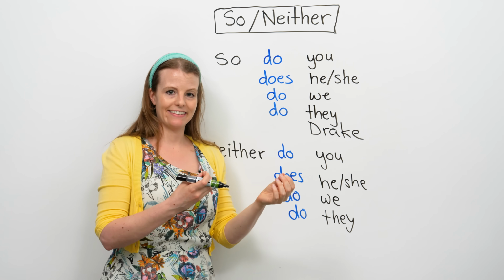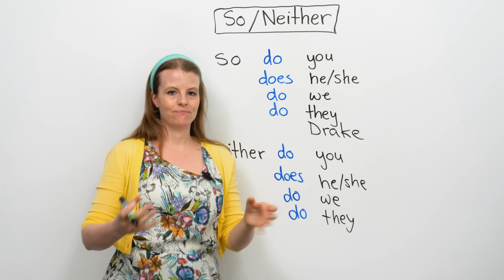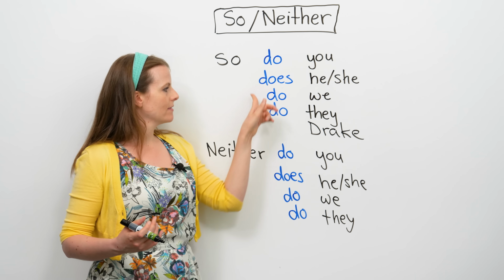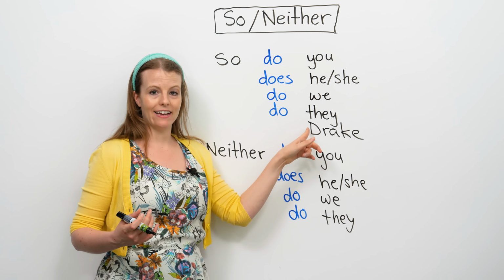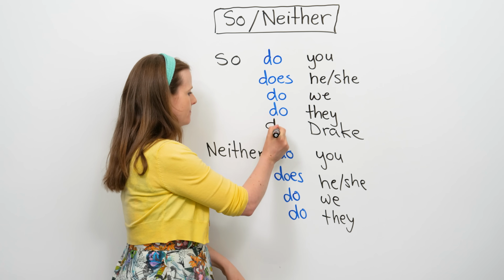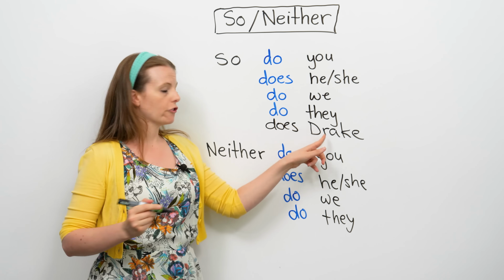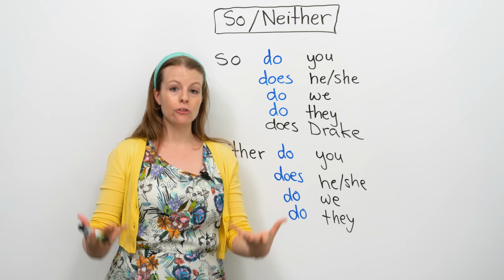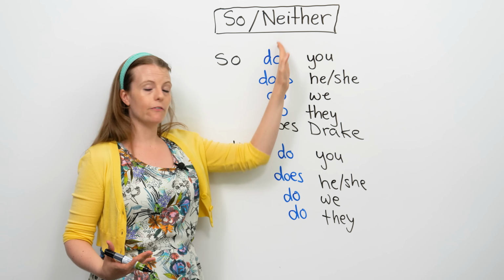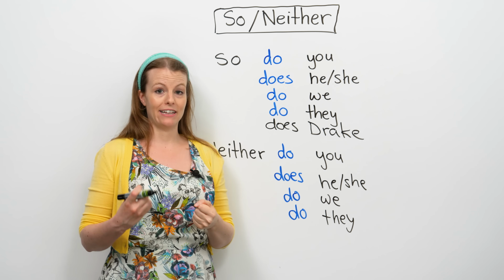She does, he does. So we invert it. So does he. So does she. So do we. So do they. Drake is he, so we would put so does Drake. The point is it needs to match. The pronoun and the verb need to match.